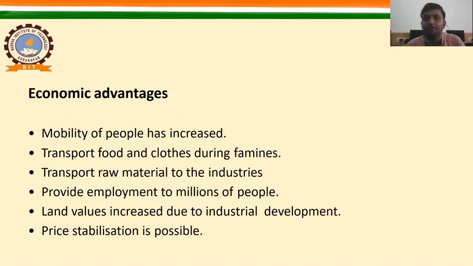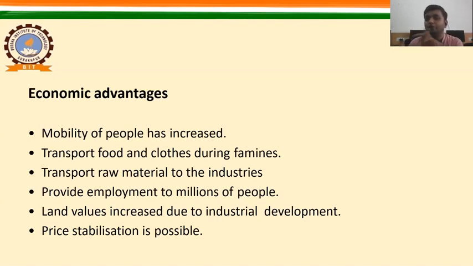Now, this was the social. The third one is economic advantages. What are the economic advantages? The mobility of the people has increased. Railways transport food and clothes during famines, and transport raw material to the industries. You may ask how we can link it to the economy.